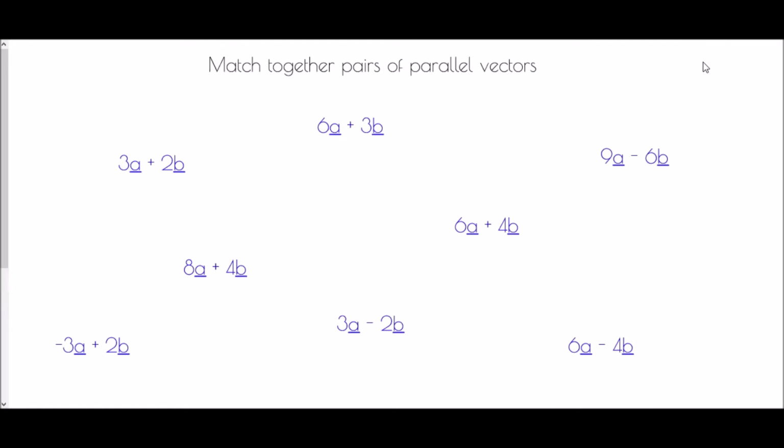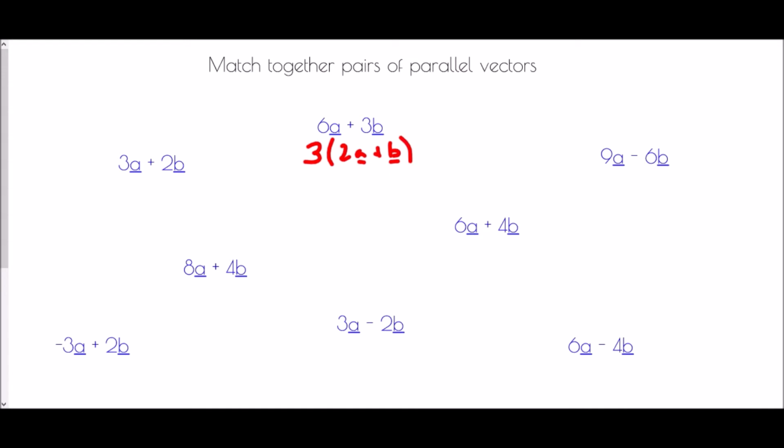So we've just seen that vectors are parallel if they can be written with a common factor, and therefore that's the first thing I'm going to do here in order to try to see which of these vectors are pairs. And so 6a plus 3b, can I rewrite that? Well, I can take out a factor of 3 and then I would have 2a plus b.